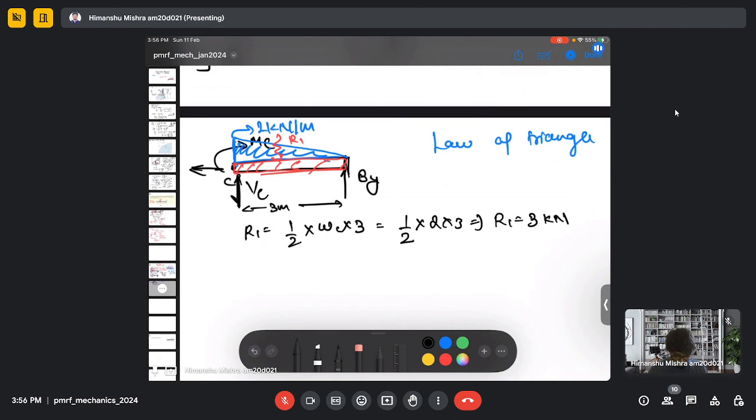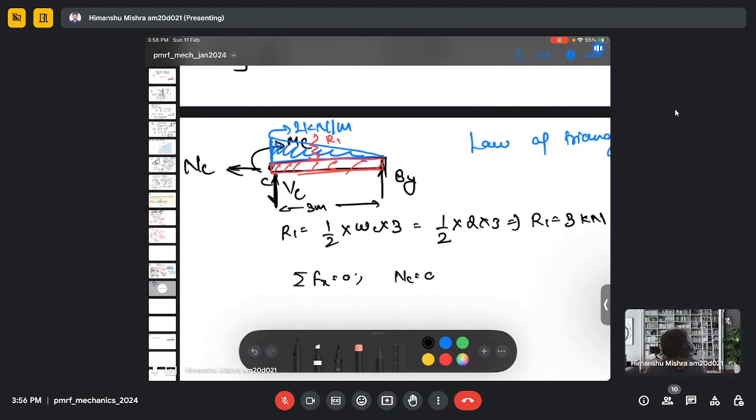So now we can do the force balance analysis. So here NC is 0. In the vertical direction, my force will be due to minus Vc minus R1 plus By equal to 0.